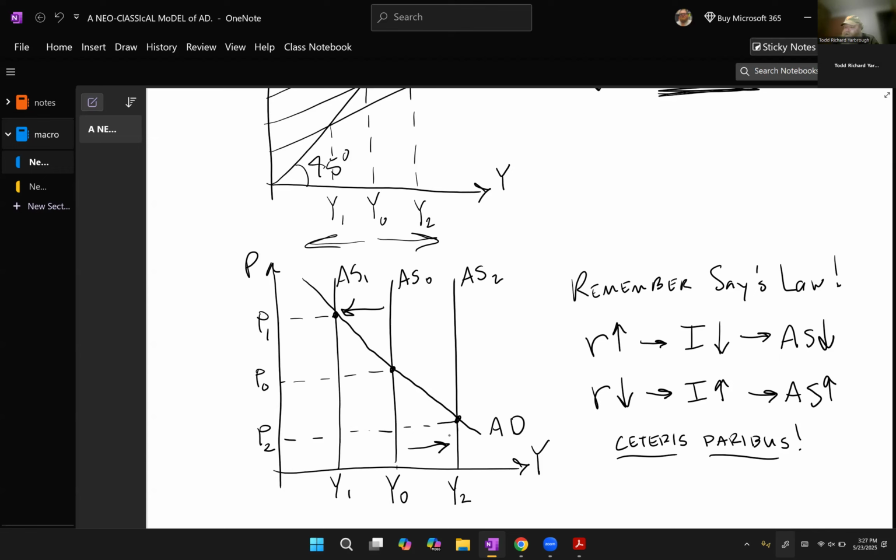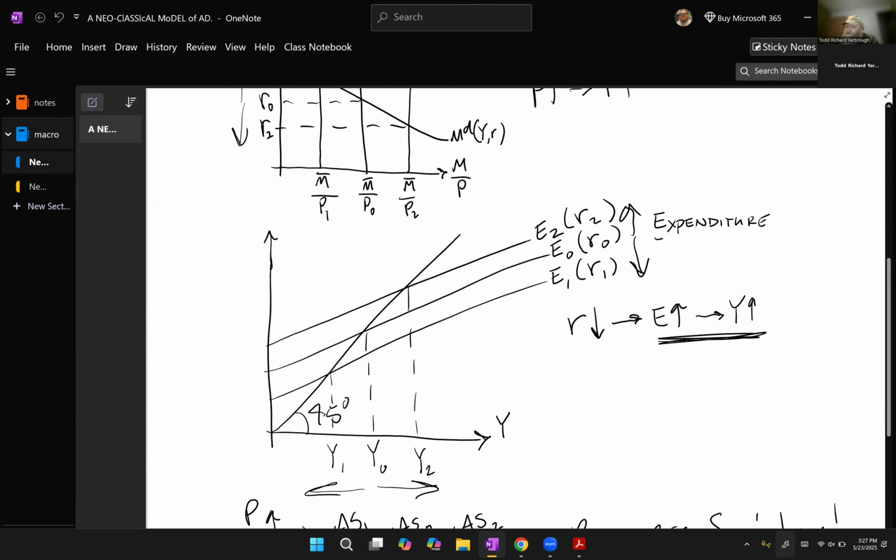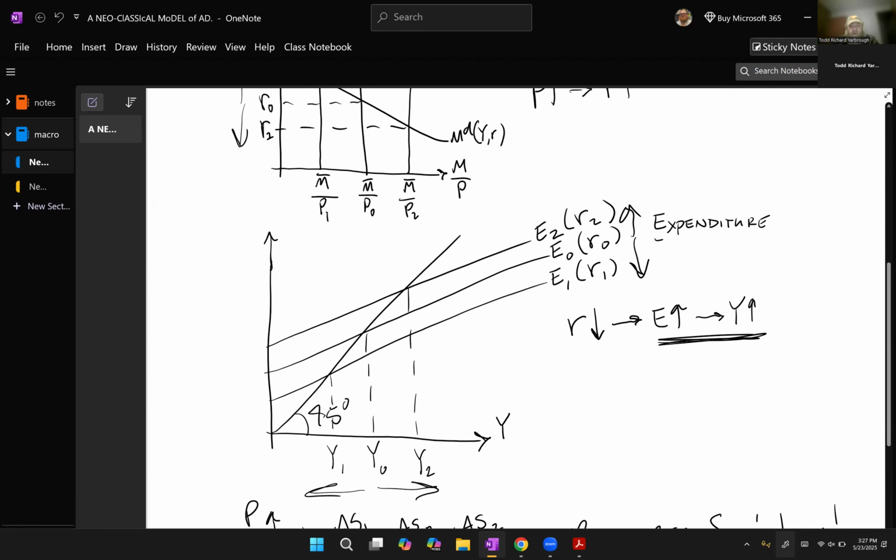And what we've established previously is that higher levels of prices are associated with higher interest rates. Higher interest rates are associated with lower expenditure. Lower expenditure is associated with lower output. So high prices, lower output. We have also seen lower interest rates are associated with higher expenditure, which is associated with higher levels of output. Low prices, high output.